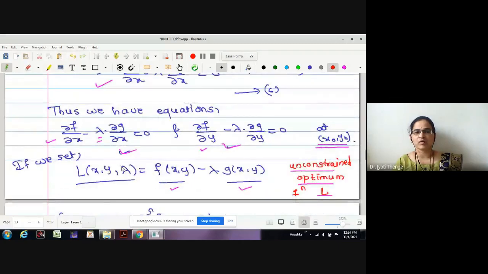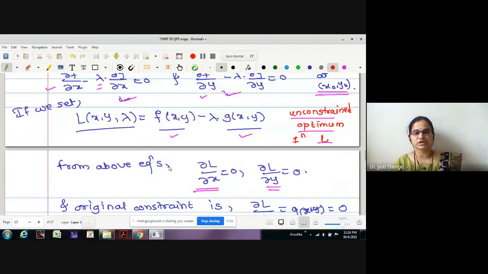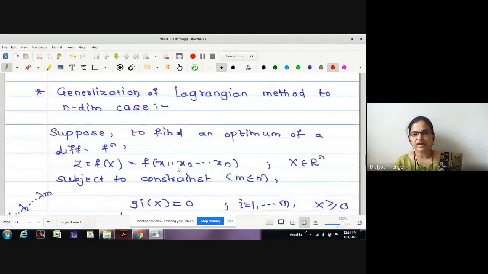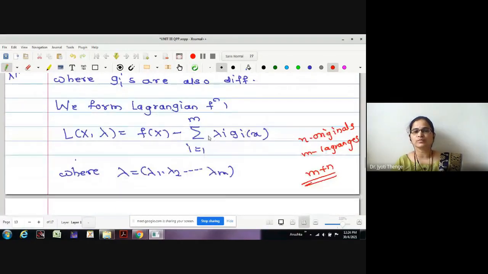Just recall how we constructed this Lagrangian: from the original objective function, we subtracted the constraints with the multiplier lambda. Whatever constraints you have, multiply them by the Lagrange's multiplier and subtract from the original objective function. In case of n variables, what form is this going to take?